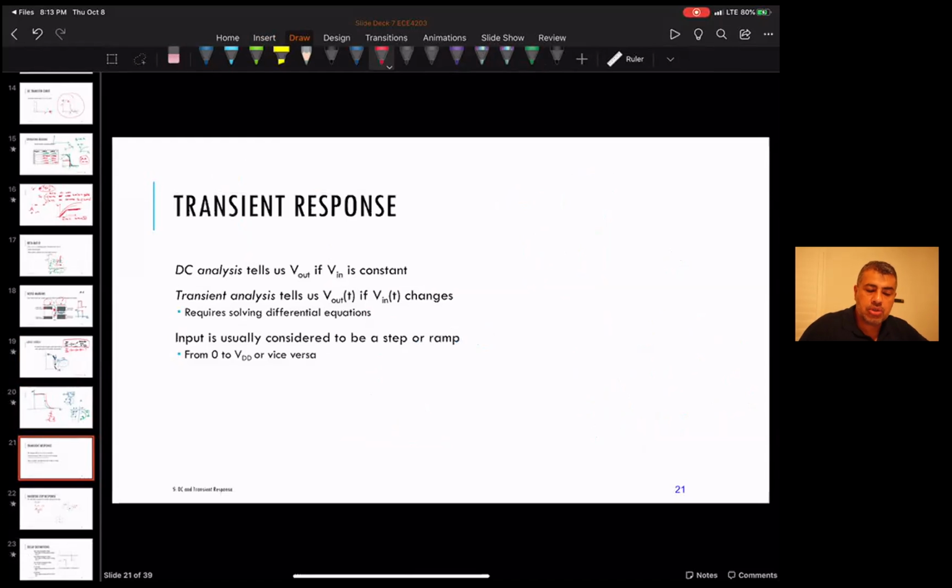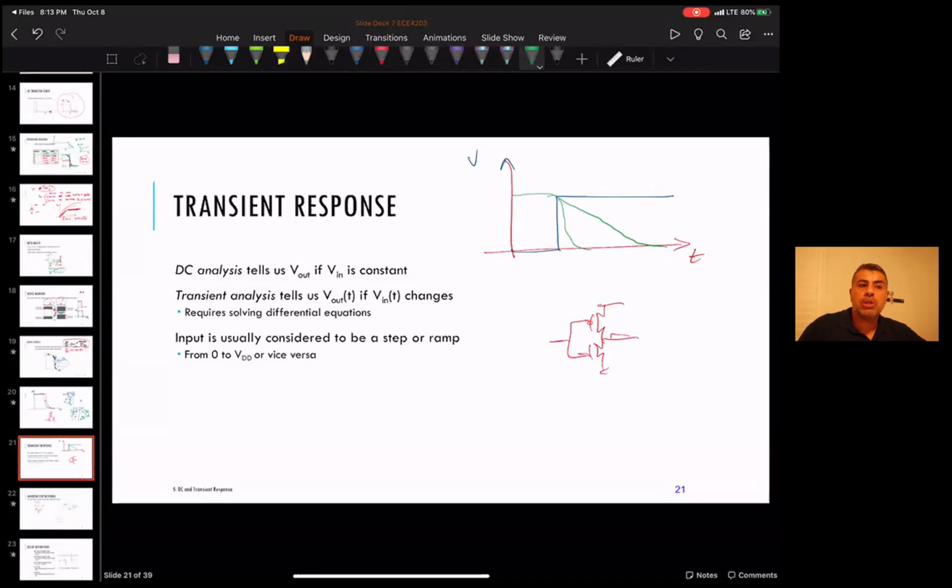And again, the transient response is how, by designing the different sizes and so on, you get the response with respect to time. So if your input looks like this, does your output look like this, or does it look like that? Basically, how fast are you switching and at what cost?